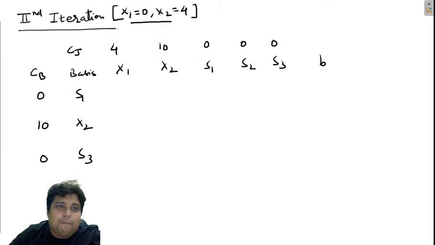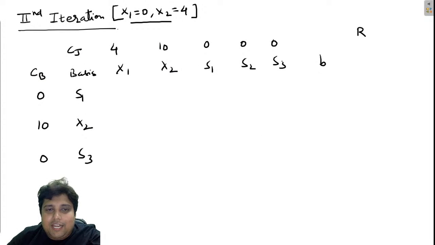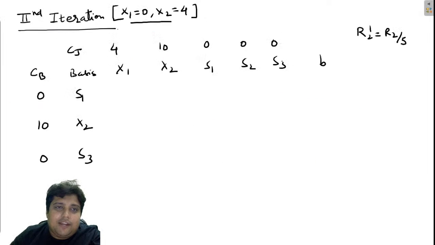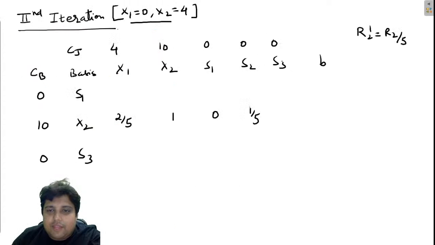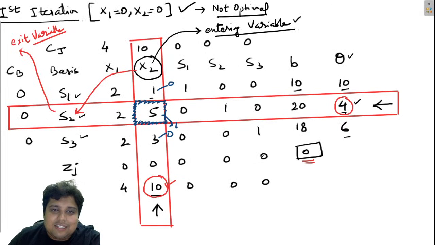So basically the operation that I will be performing is that for a completely new row 2, I will be taking the old row 2 and dividing it by 5. So I will be getting 2 by 5. Then 5 by 5 is 1. Then 0 by 5 is 0. 1 by 5 is 1 by 5. Then 0. Then instead of b, 20 by 5, that is 4.